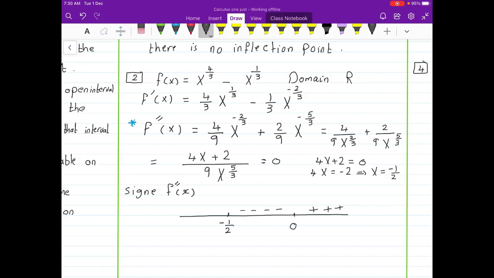If you choose a number like -1, -4 plus 2, the sign of the numerator is negative.